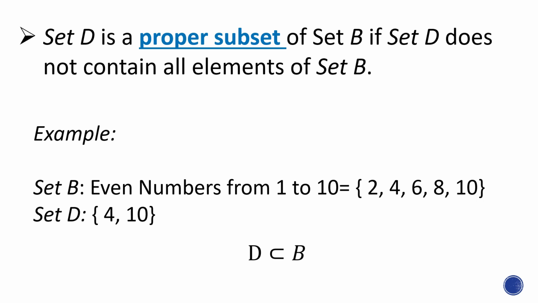Those 4 and 10 are also in set B, but it's not all the elements of set B, which means that we can classify D as a proper subset of B. This notation right here means proper subset.